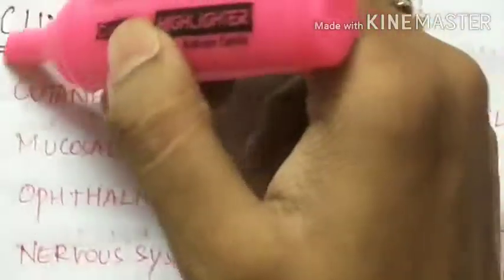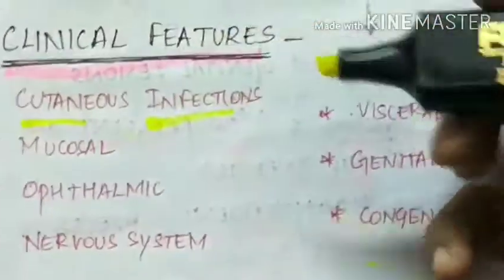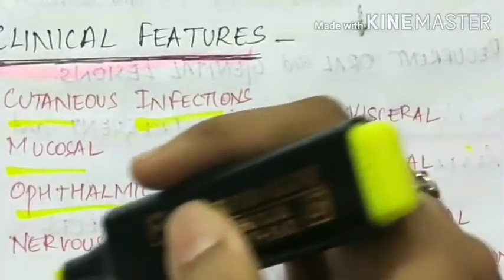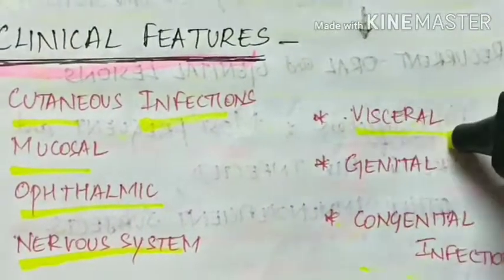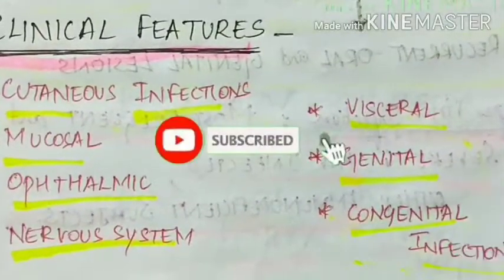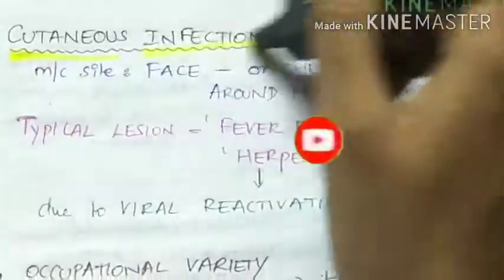Clinical features. The clinical features include cutaneous infections, mucosal infections, ophthalmic infections, infections involving the nervous system, visceral infections, genital infections, and congenital infections. First, let's see the cutaneous infections.